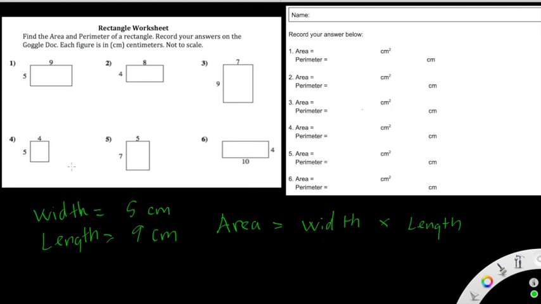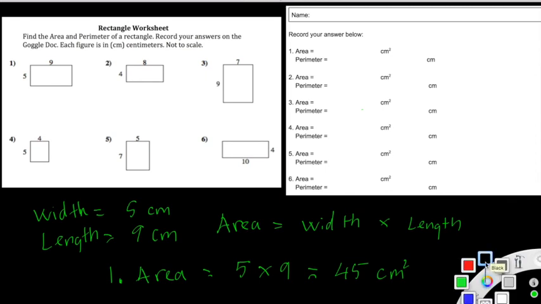So we know that in order to find the area, we need to multiply the width by the length. So the area in number 1 equals 5 times 9. If you do the math, 5 times 9 equals 45 square centimeters.